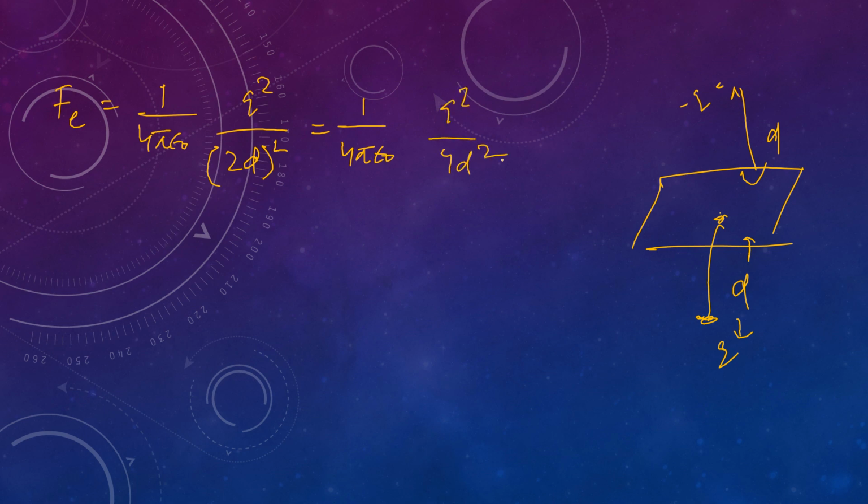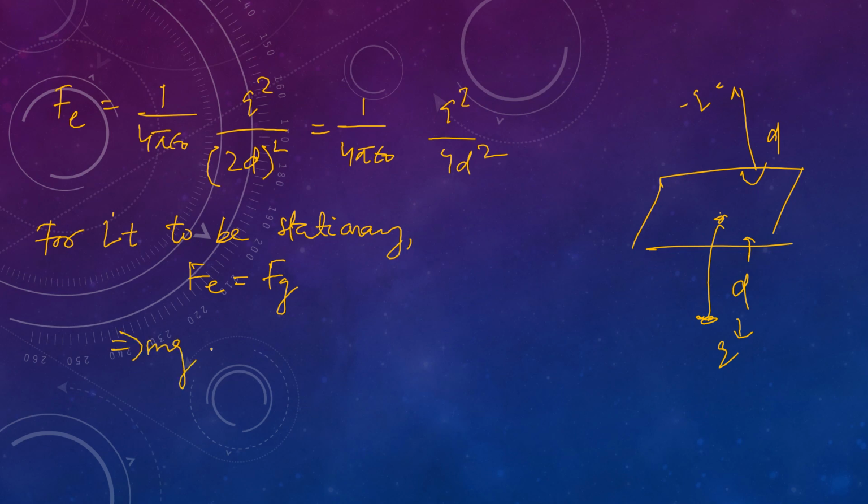For it to be stationary, Fe should be equal to the gravitational force, which is mg. So mg is equal to 1 by 4 pi epsilon naught q square by 4d square.